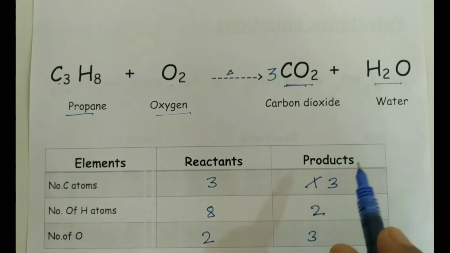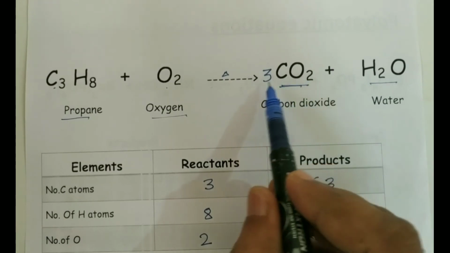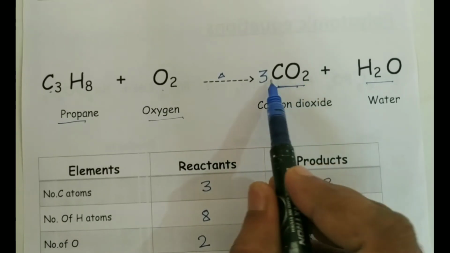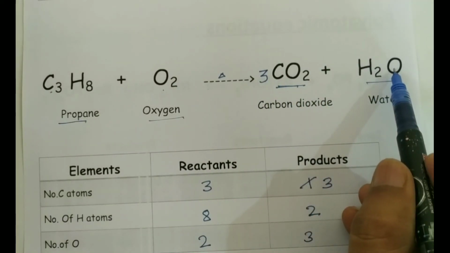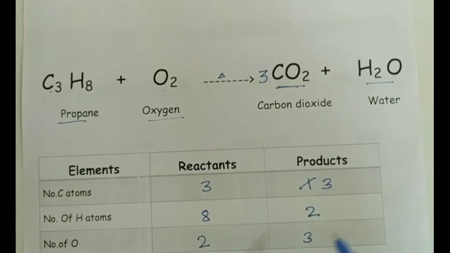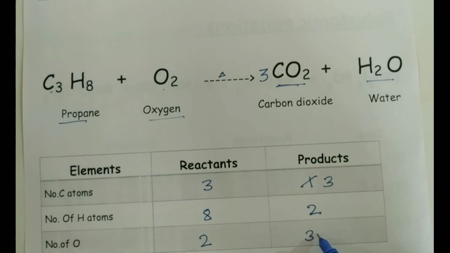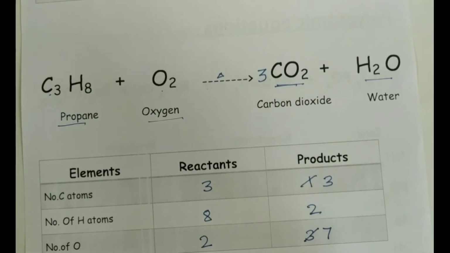At the same time, due to multiplication of carbon dioxide by 3, the number of oxygen atoms also increased by 6. 3 of 2 is 6, 6 plus 1, so the total oxygen atoms, first it was 3, now it becomes 7, right?